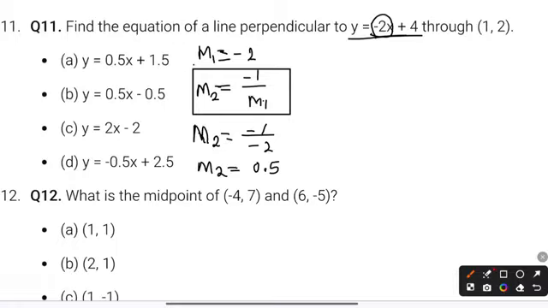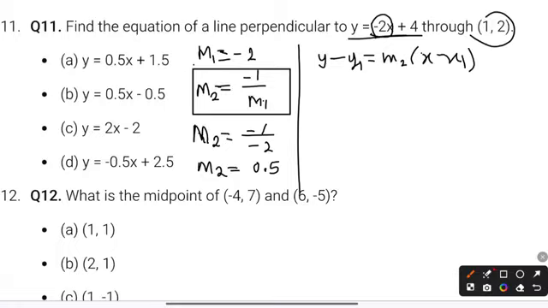We got the m2. So now let's look at the equation that has this gradient with respect to this point. In the previous class, I said when you want to get the equation, we must recall this equation: y minus y1 equals m2 times (x minus x1).